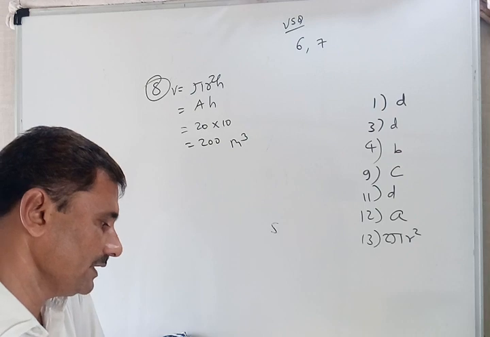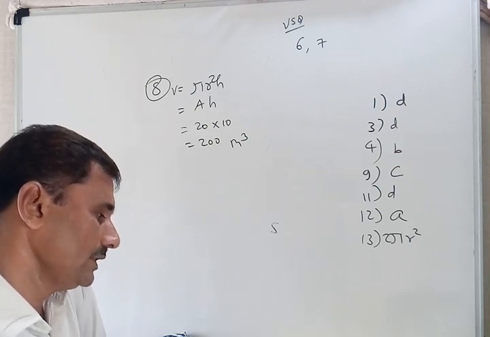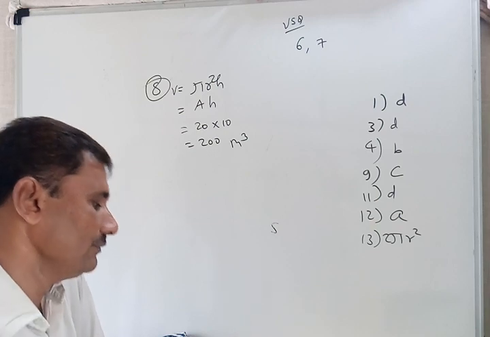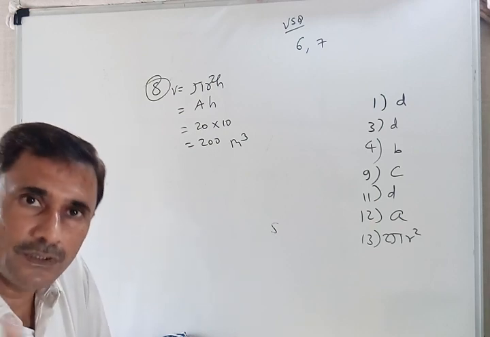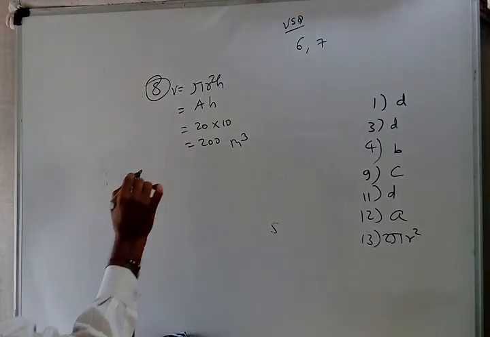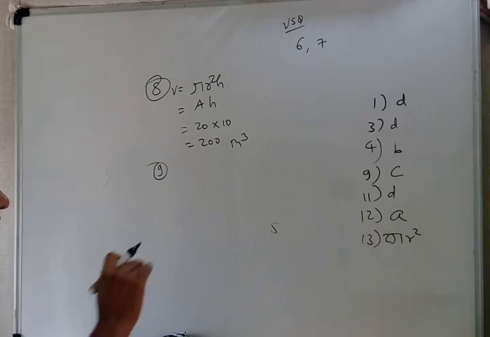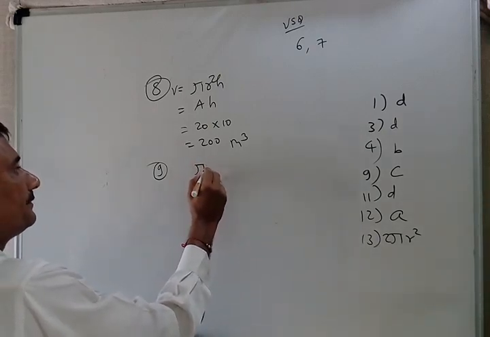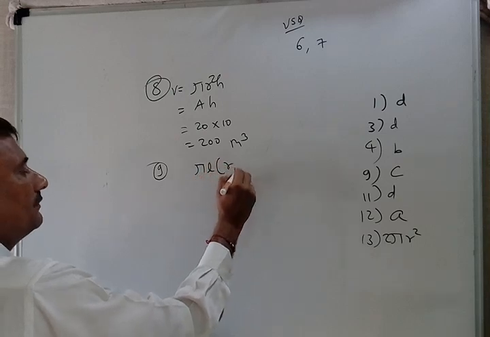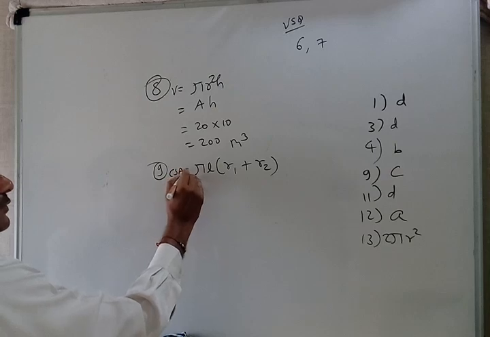Same way, number 9. Curved surface area of a frustum of a cone in terms of perimeter. That formula we already used in question number 2 of 13.4. The frustum of a cone formula is pi L (R1 plus R2). We derive the CSA of a frustum of a cone.